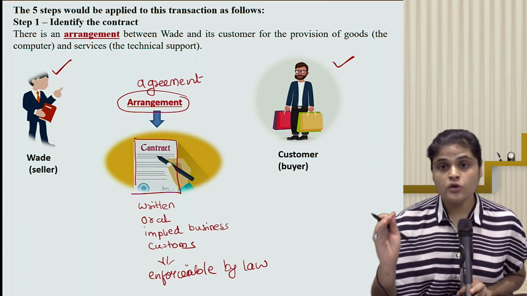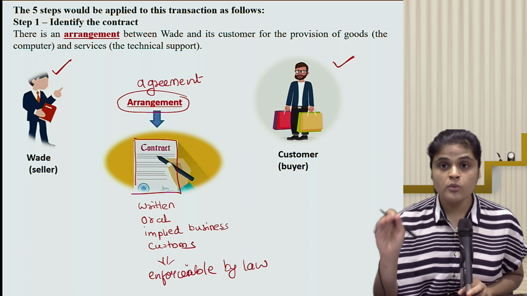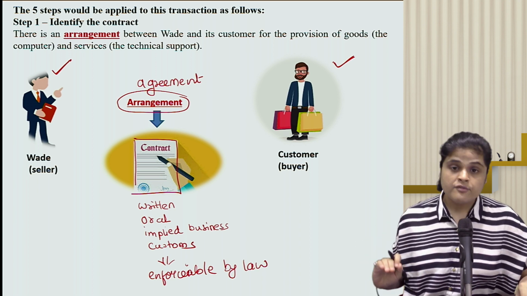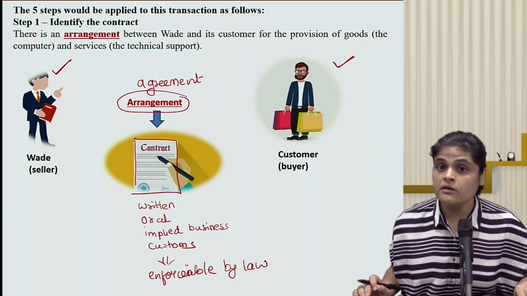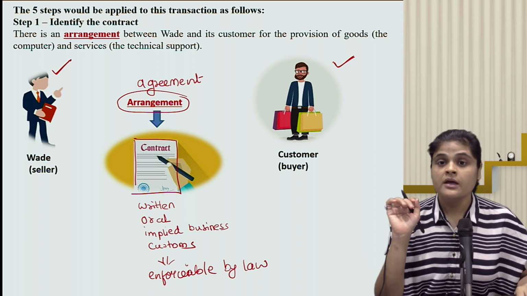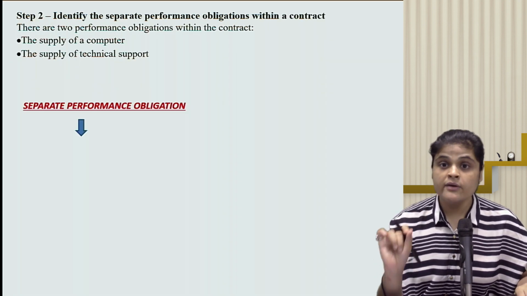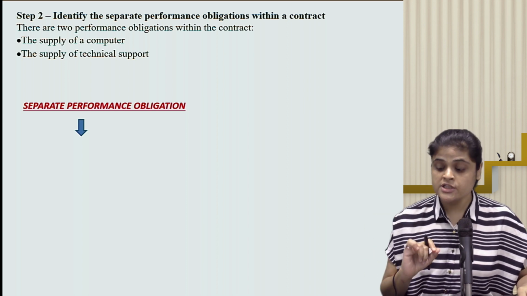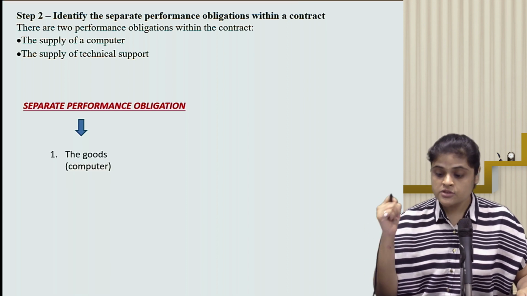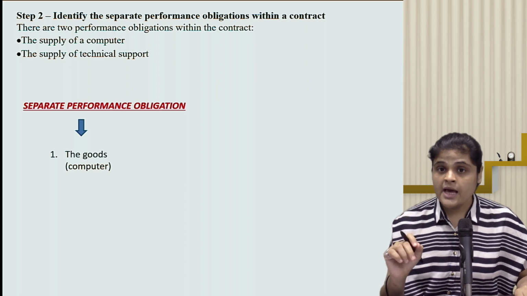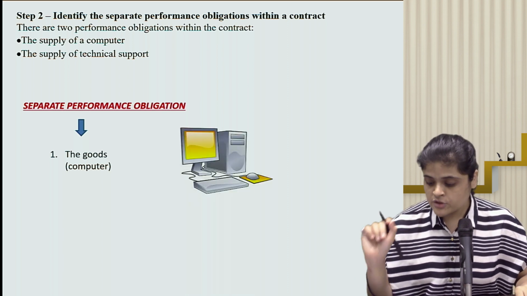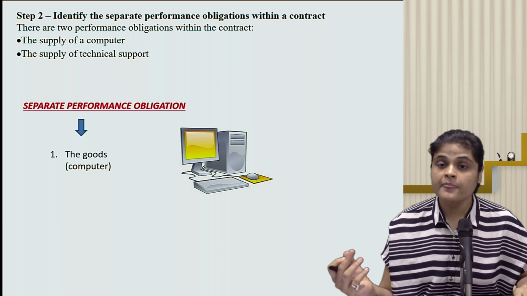Once we identify the contract, we go to step number 2. What is step number 2? We means seller. Here seller is Wade. Wade needs to identify what is the performance obligation. Meaning, what promise has been made? So here Wade has promised to provide goods. Goods means computer.